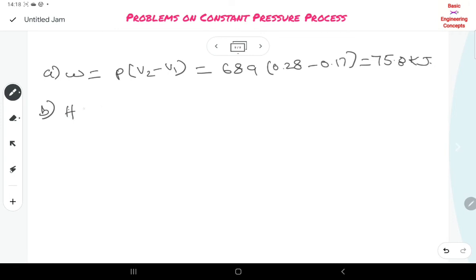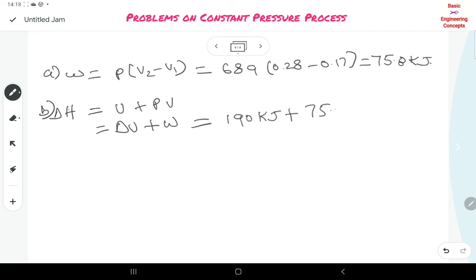Next they ask for change in enthalpy, which is equal to delta U plus PV. Delta U is already given as 190 kilojoules, plus work done 75.8 kilojoules, so it is 265.8 kilojoules.